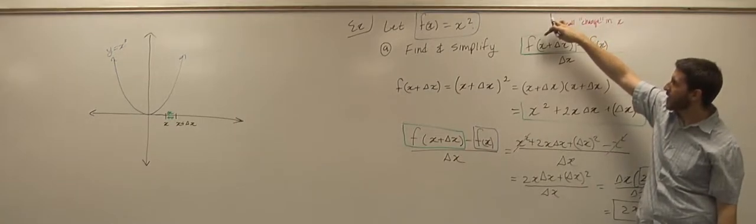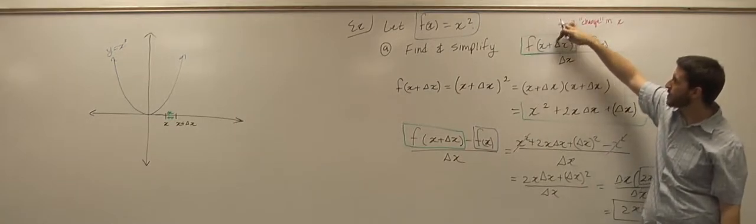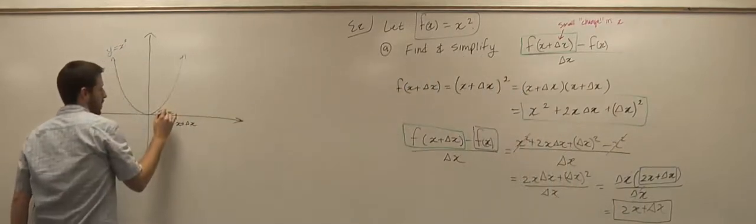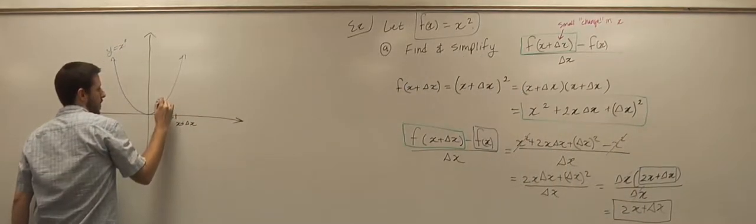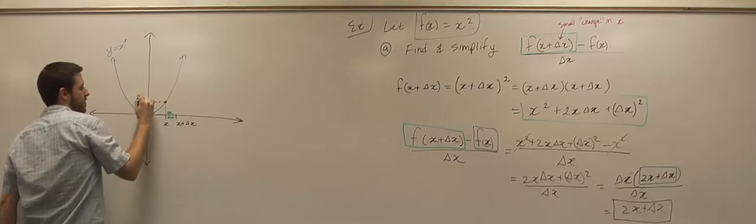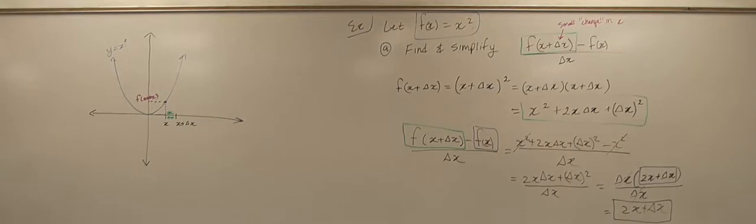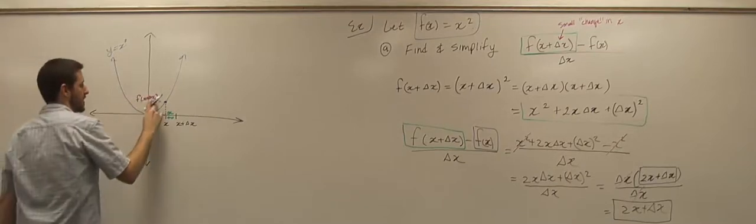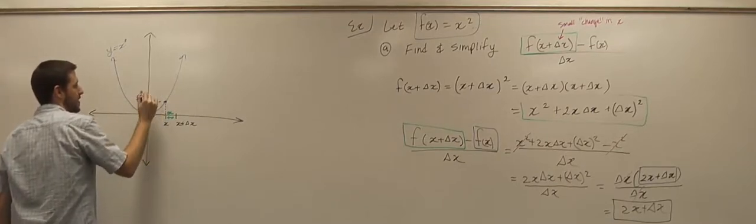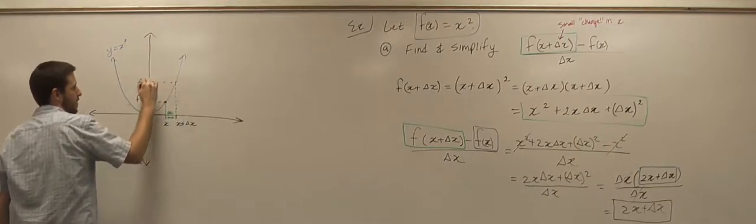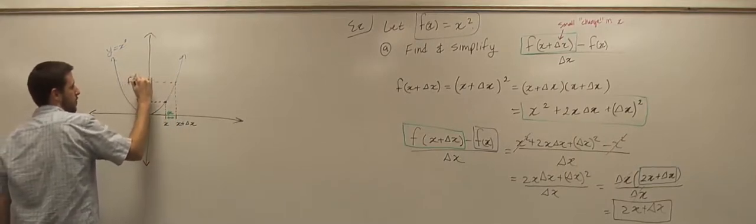What it's telling you is that if you take first of all, f of x plus delta x, which is up here. Right, this is f of x plus delta x. Oh, no, wait, that's f of x, my bad. That's just f of x, and this one is f of x plus delta x.